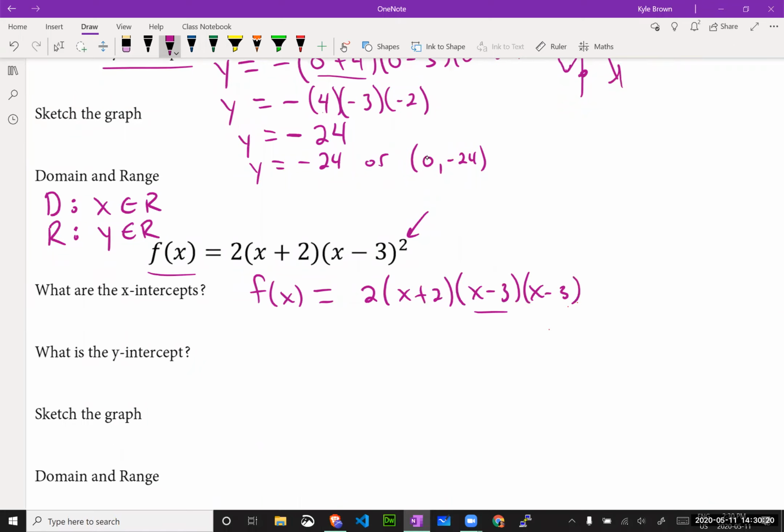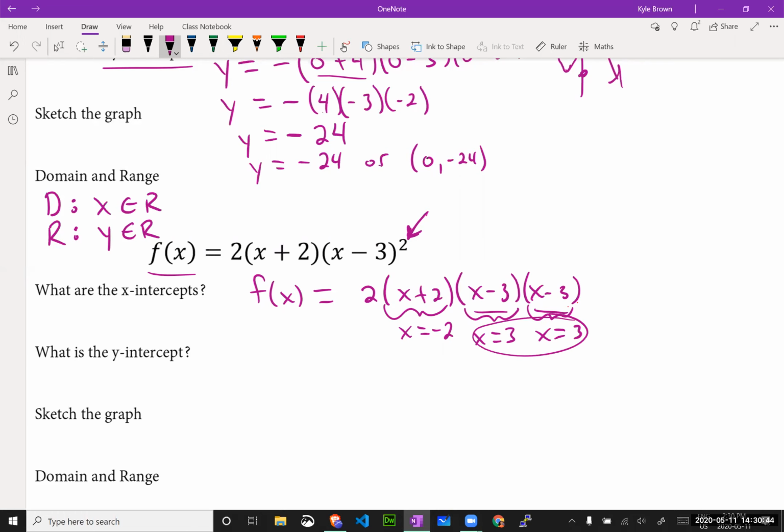Just writing that twice, because that's what it means to square something, right? So that'd be the same thing. So if I did the same as before, I can see from this one, x would have to be equal to negative 2. From this one, I'd have x has to be equal to 3, and then this is the same thing, right? x is equal to 3. So it's like we've got two occasions of the same x-intercept there.